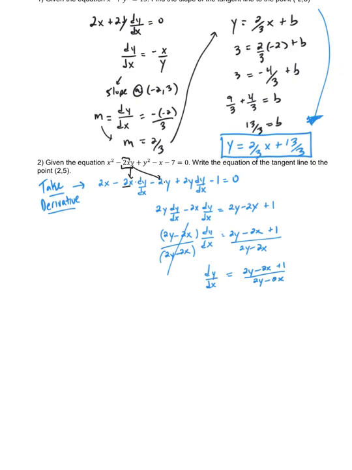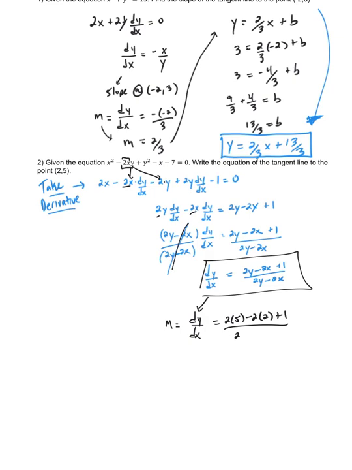Everything else was pretty standard, but after that, we had to take anything that did not have dy over dx on it and bring it over to the right-hand side, then factor out 2y minus 2x, and then we finally divided that out, and we got our derivative here. And we need to figure out the equation of the tangent line, so we'll plug in to find the slope of the tangent line. y is equal to 5 and x is equal to 2, so we'll do 2 times 5 minus 2 times 2 plus 1 over 2 times 5 minus 2 times 2.